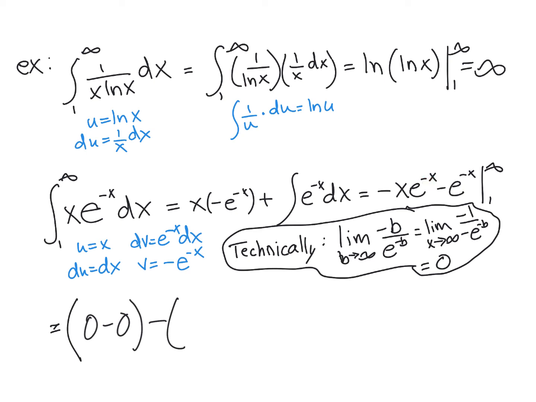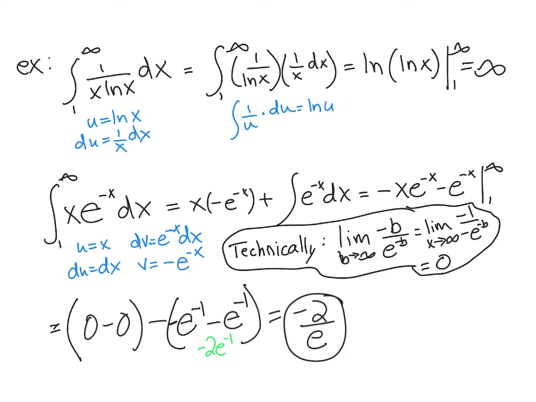I'm just going to write that down. I got e to the minus 1. And then plugging in the 1 into the next piece, minus e to the minus 1. I forgot my minus sign on the first guy. So this ends up being, inside the parentheses, minus 2 of these things. With the negative on the outside, we end up with minus 2 e to the negative 1, which is 2 over e. Boom.